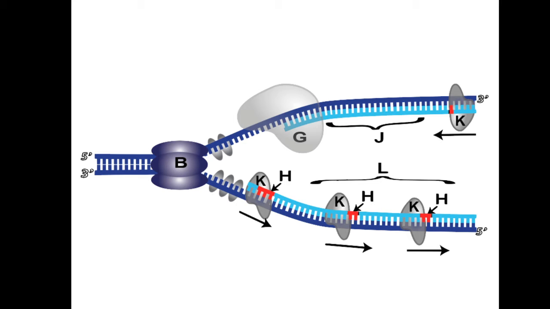Now, J and L tend to confuse people, but just recognize J and L are pointing to the strands. J is saying this whole top strand is which, L is saying this whole bottom strand is which.